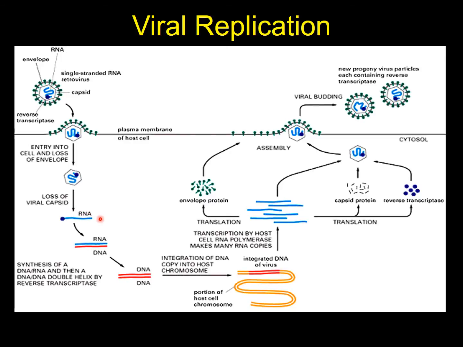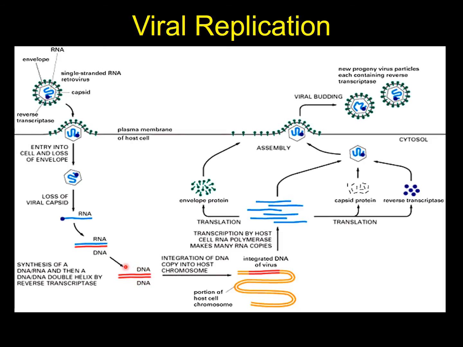The RNA contains the genetic code for HIV, those regulatory proteins and structural proteins, and reverse transcriptase, which allows the synthesis of a DNA version of this RNA. So now you're going to make a DNA version of the genetic code for HIV. And here it is.